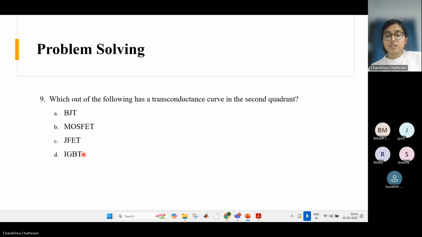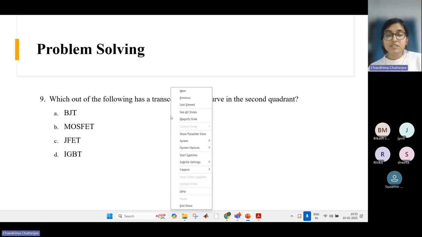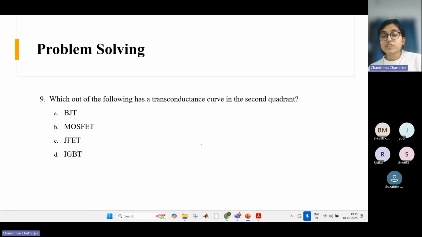Okay. So for BJT, transconductance curve means, just a minute. So we saw what a transconductance curve is. Here there will be VGS, the gate to source voltage, and here there will be the drain current ID.